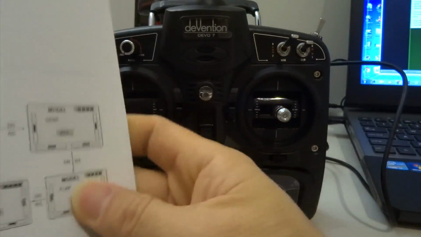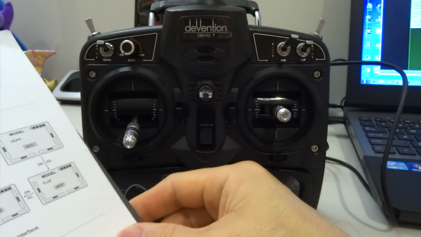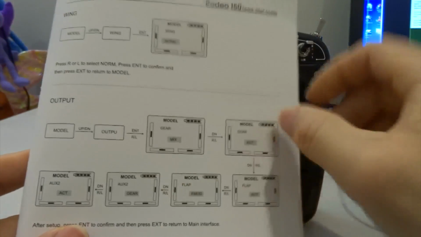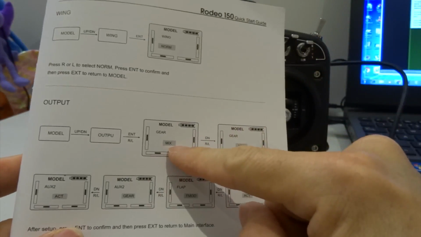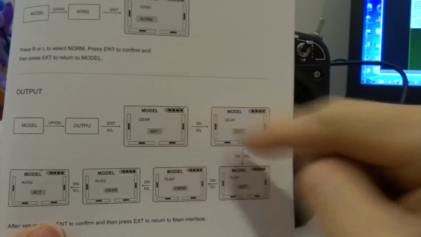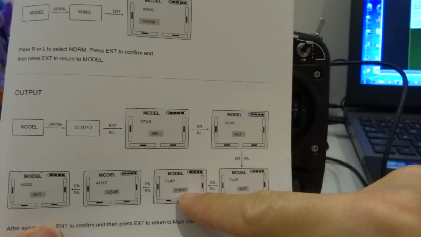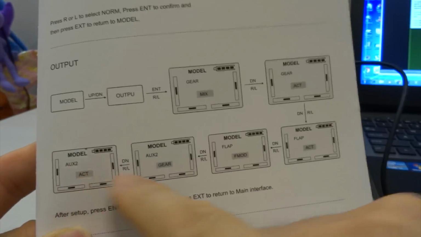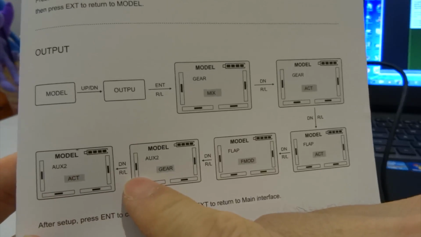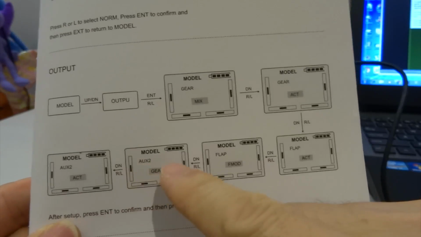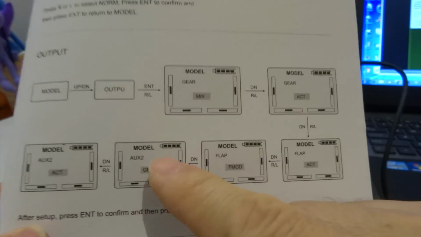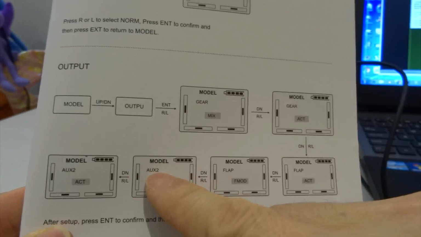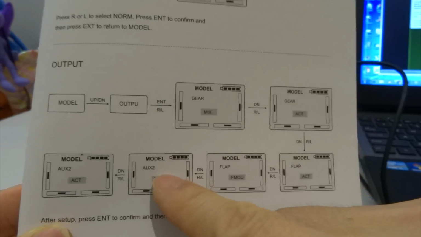So the corresponding channels on your Cleanflight are: mix is auxiliary 1, F mode is auxiliary 2, and gear is auxiliary 3. So as you can see on the diagram here, on the radio itself it is called auxiliary 2. So it doesn't matter.